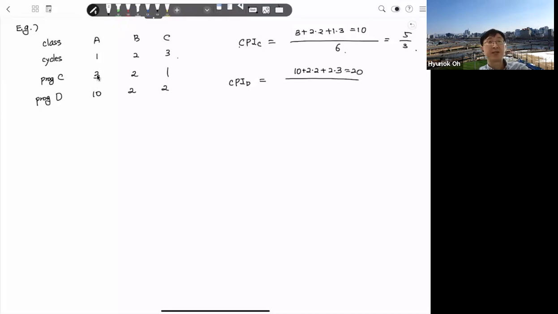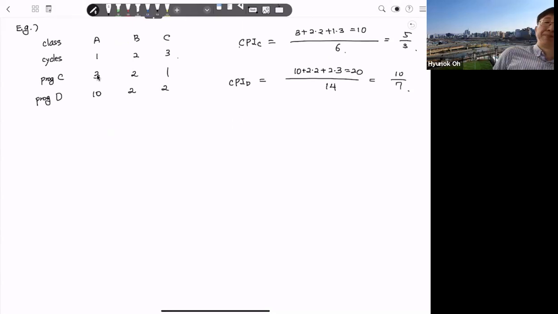How many instructions? 14. So the CPI is 10/7. Okay, so now you can compute the CPI value, right? Cycles per instruction.